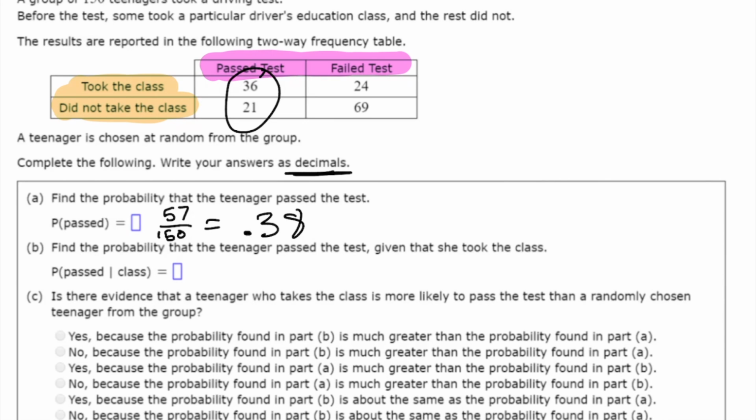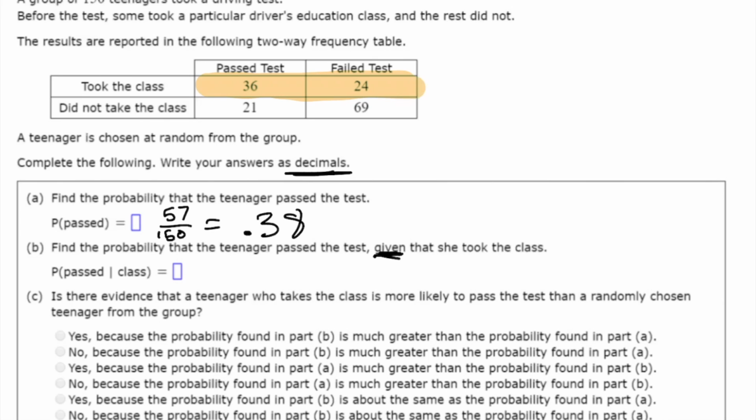Let's continue with B. It says find the probability that a teenager passed the test given, we have a given here, that they took the class. So if I'm talking about students that have taken the class, let me erase this for a second. Students that have taken the class, that would be these students right there.